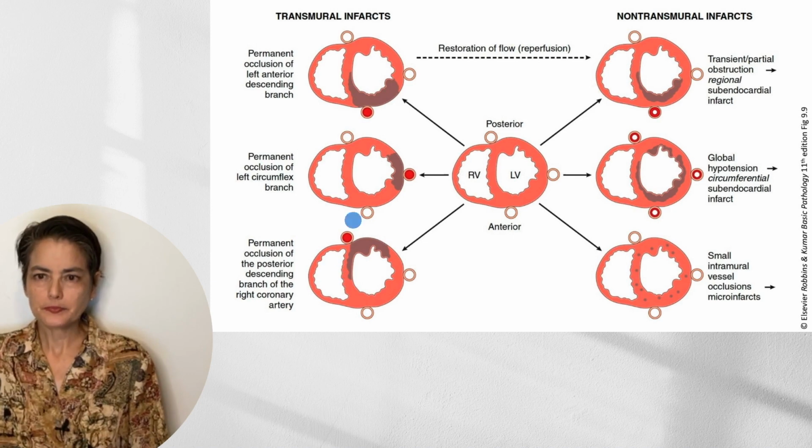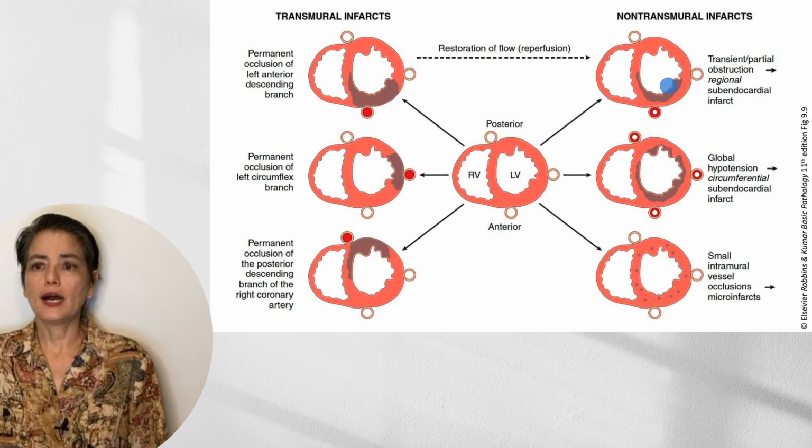Now, if we get restoration of flow, what will happen is we will have this transient partial obstruction leading to a regional subendocardial infarct, so just this one area here.